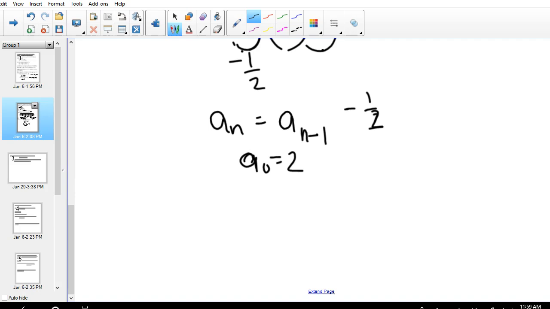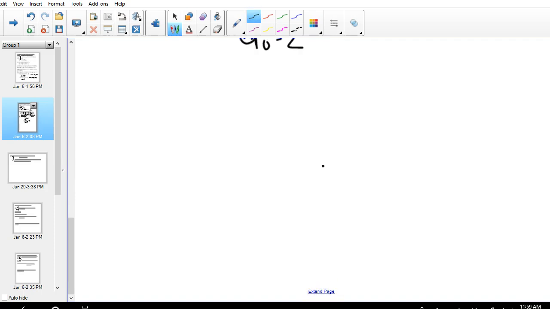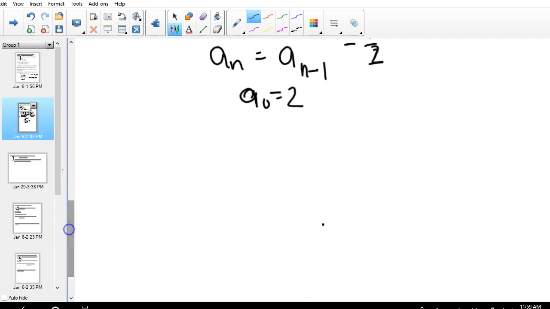Let me show you one more thing. Most of the stuff I've dealt with always has an a sub n formula. Sometimes you see formulas that might look like this: a sub n plus 1 equals. If I'm going to use a sub n plus 1 this time, what's the term that comes before a sub n plus 1?